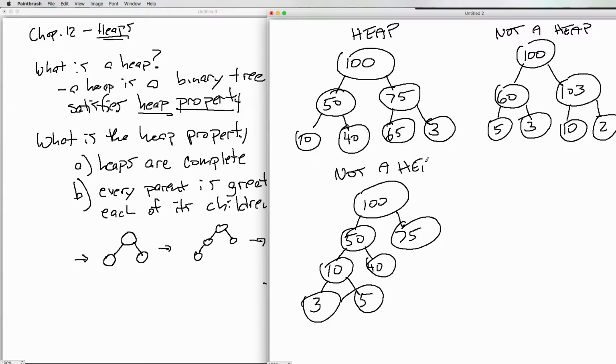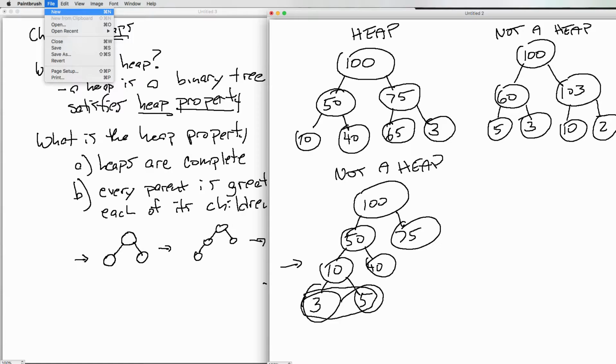Even though every parent is greater than both of its children, the problem is these two nodes over here should be over here. In other words, I had a row that I needed to complete before I went down. So this is not a heap as well. Okay? Pretty simple.